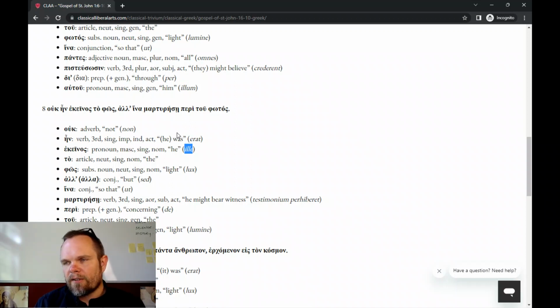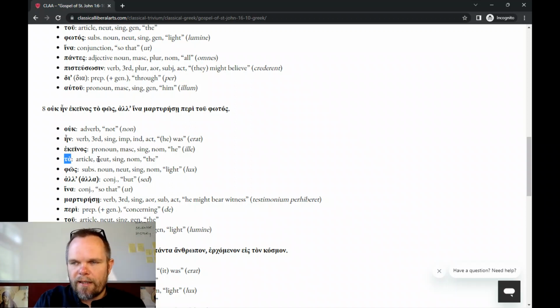So ekeinos means that, but here, because it's referring to John, we translate it as he, just like ille. So ekeinos, he, was not to phos, the light, phos. Now, if you look up phos in a dictionary, just as a note, you may see phos listed as a masculine noun in a dictionary, but here in the Greek text, it's neuter, and we know that because the article that comes before it is a neuter article.